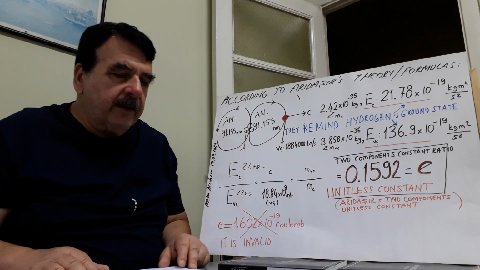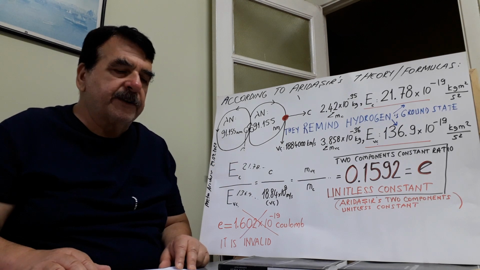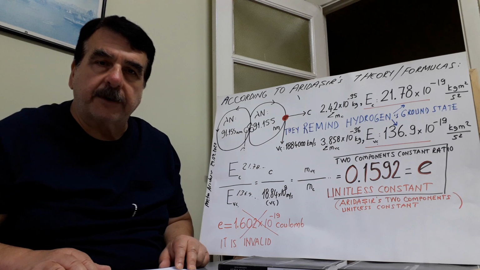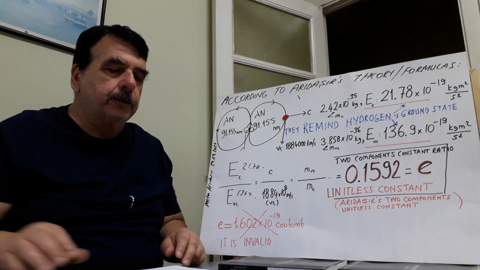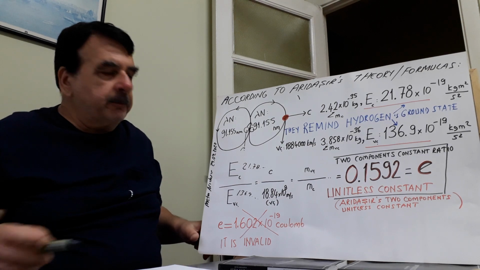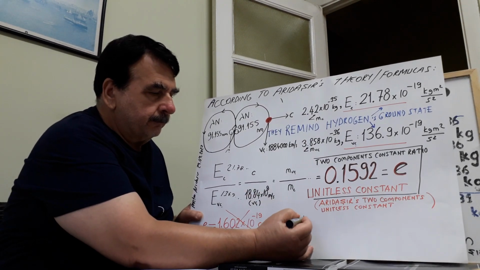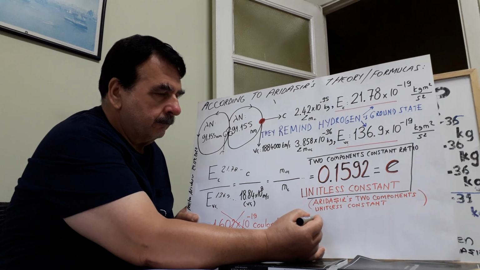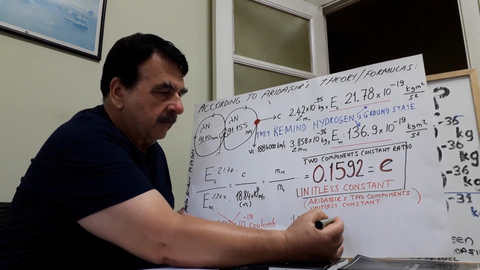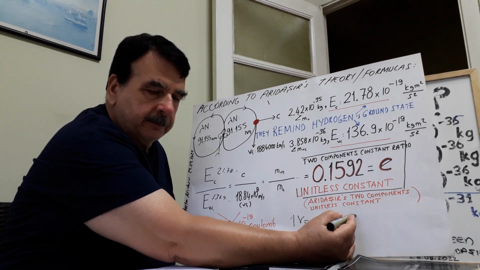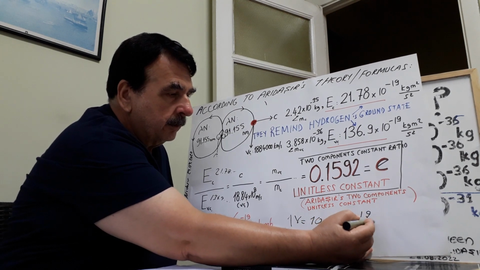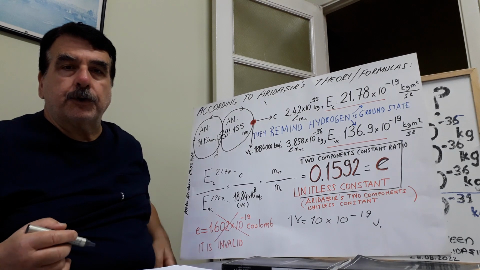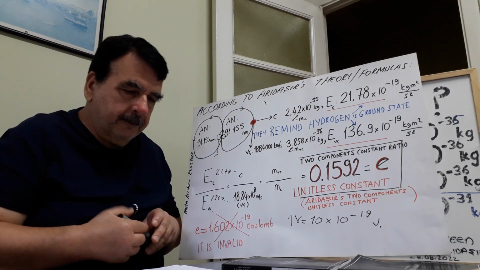If so, the volt was nothing more than a unit of energy, and 1 volt equals 10 to the minus 19 joules.